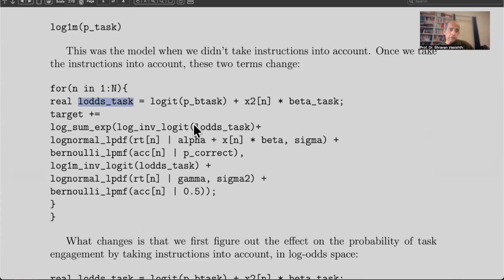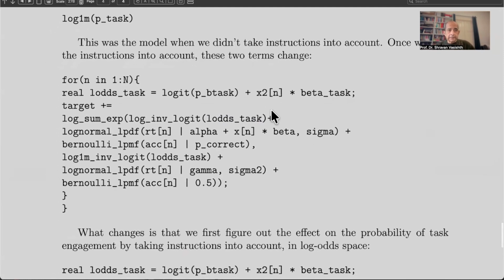Okay, so that number goes in here in each of the n iterations, and then you get back the log probability of task engagement as a function of whatever the instruction is at that particular row, the nth row of the data frame. That's one thing that changes.